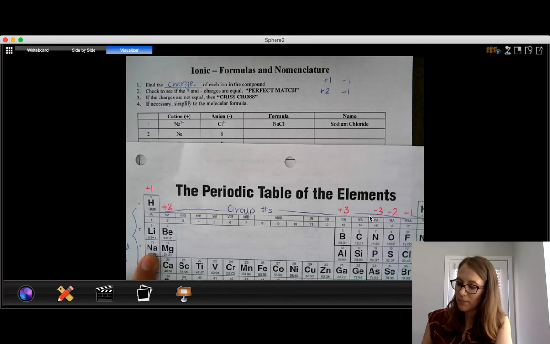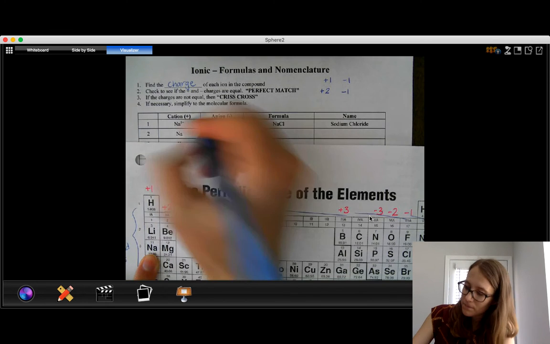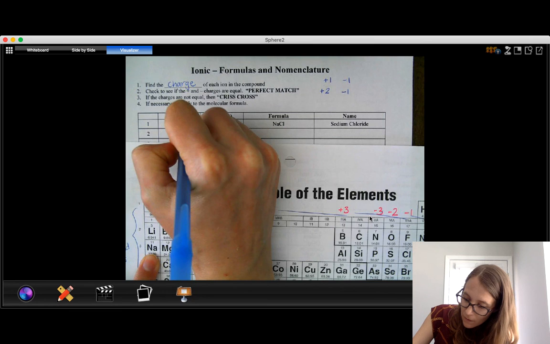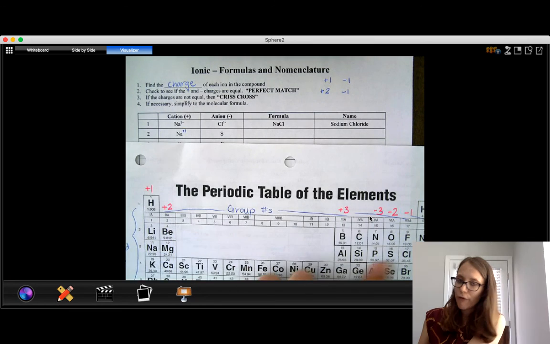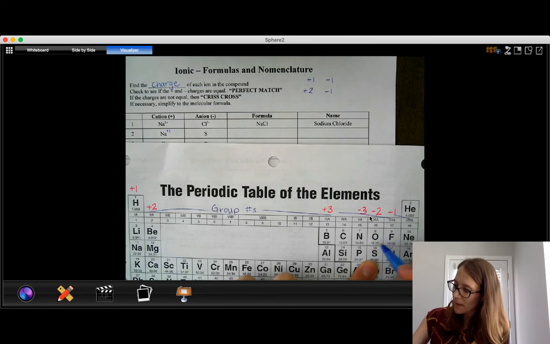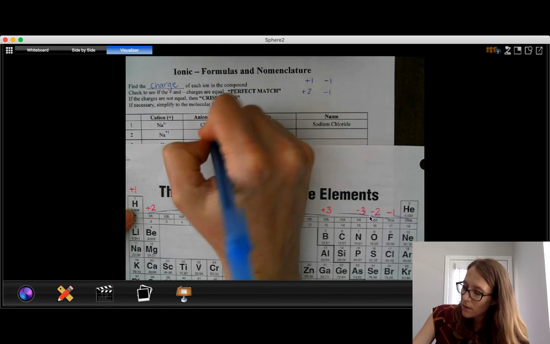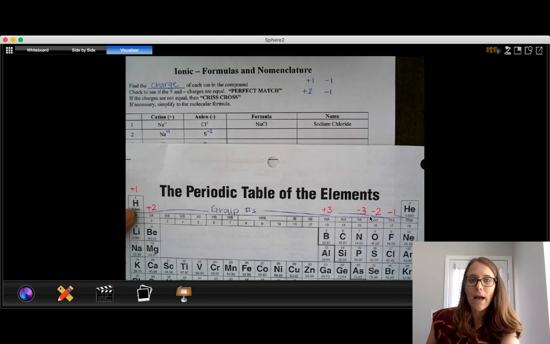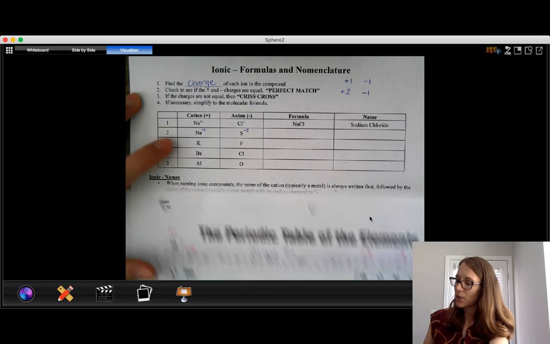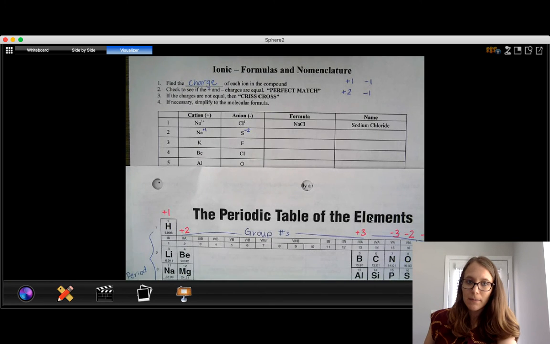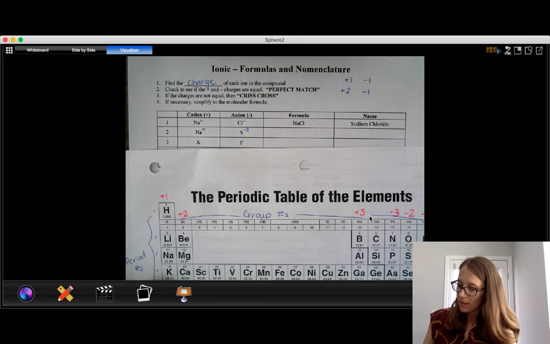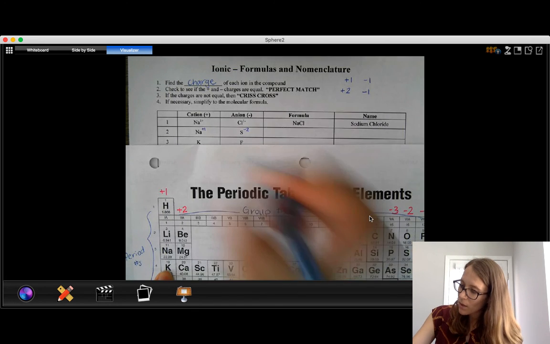So for sodium, sodium's a +1. Sulfur is a -2. I'm just going to go down this column and continue on with that. So potassium is right here, so that's a +1.